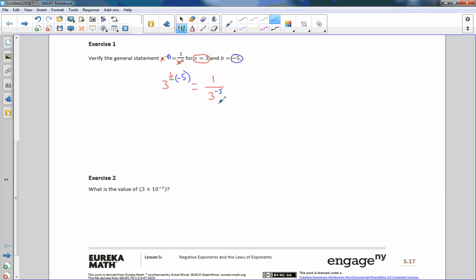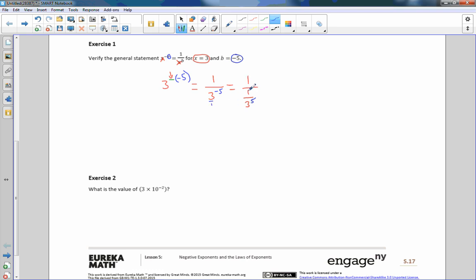So what that means is I'm going to take the reciprocal of the denominator, so I could show it as this, 1 over 3 to the power of positive 5. Because the negative 5 is telling me to put it in the denominator of this number 3, and we could always think of that as 3 over 1.